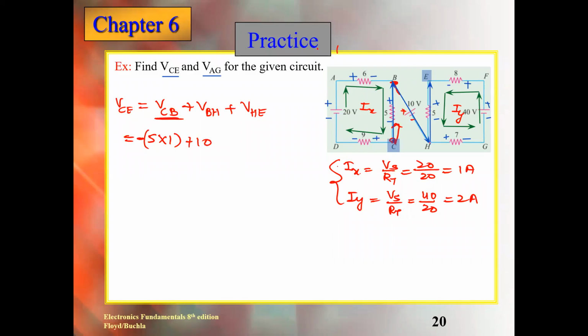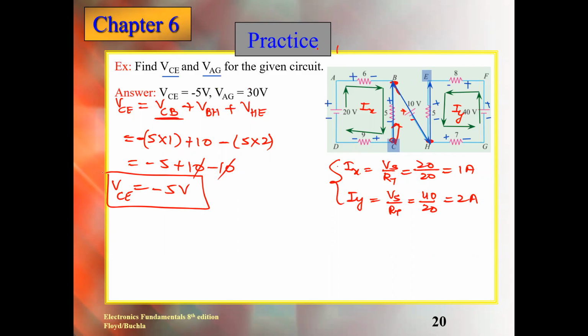Then when you reach H, you are going to E. What is the first sign now? Negative. So apply Ohm's law, multiplying by the current. How much is the current in the second loop? 2. Exactly. Now calculate. Minus 5 plus 10 minus 10. 10 will cancel because negative and positive. Answer is minus 5 volts. This is VCE.